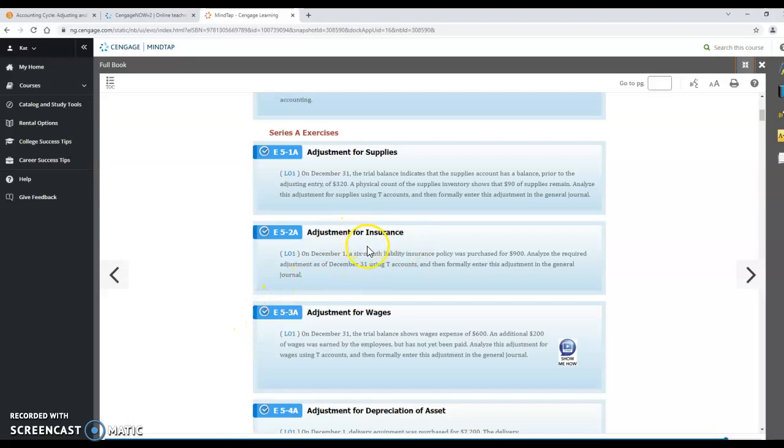This one is for insurance. On December 1st, a 6-month liability insurance policy was purchased for $900. We need to analyze using T accounts and then put the adjustment in the general journal. So 900 on December 1st, and that was a 6-month policy.